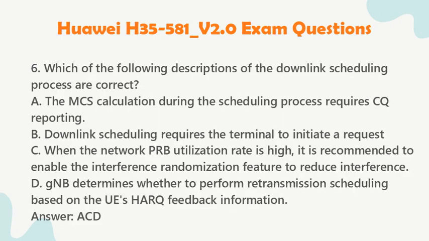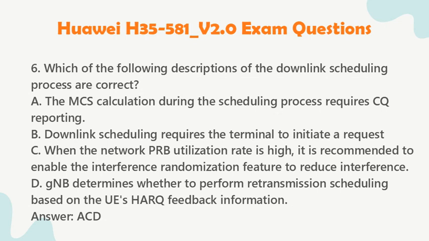6. Which of the following descriptions of the downlink scheduling process are correct? A. The MCS calculation during the scheduling process requires CQI reporting. B. Downlink scheduling requires the terminal to initiate a request.